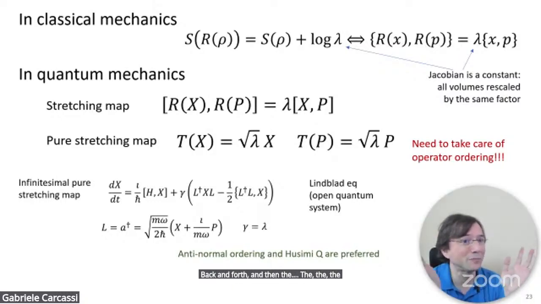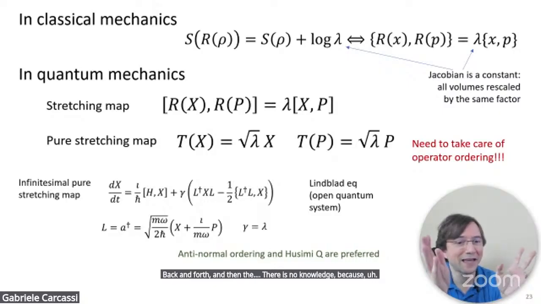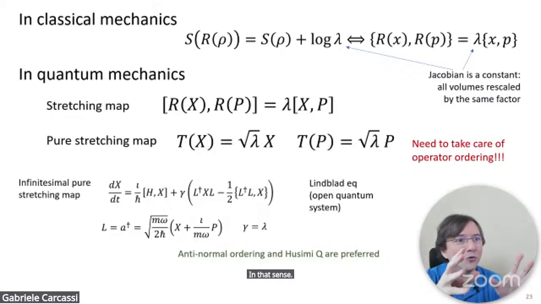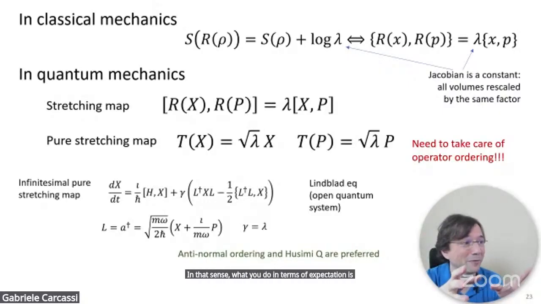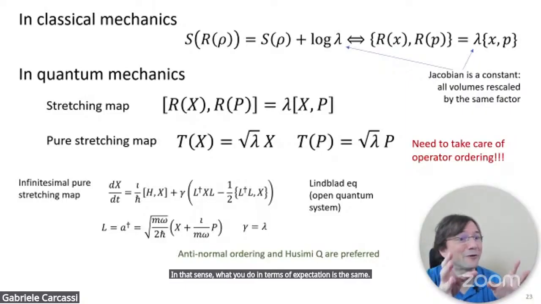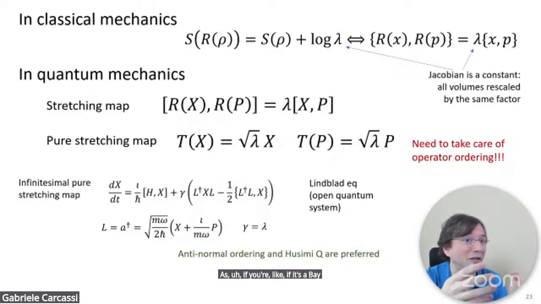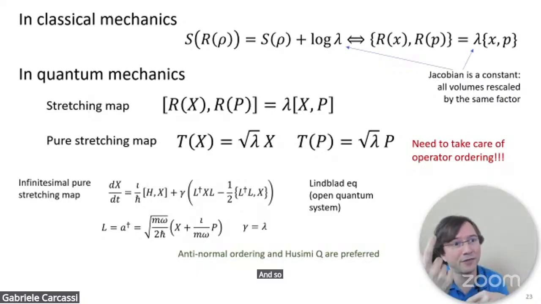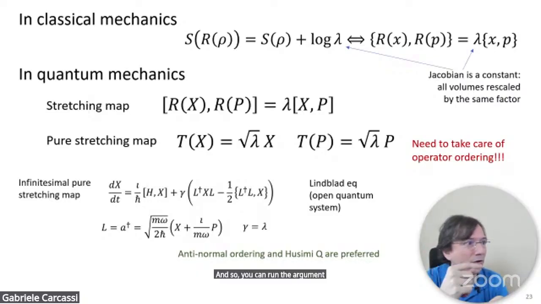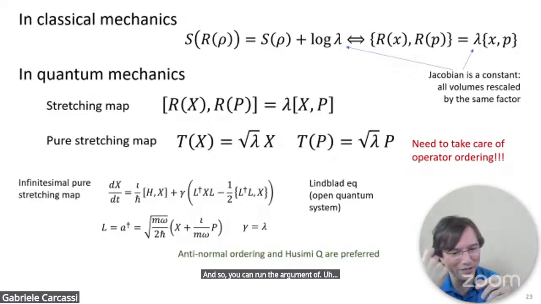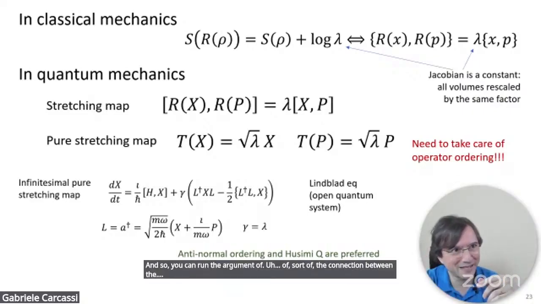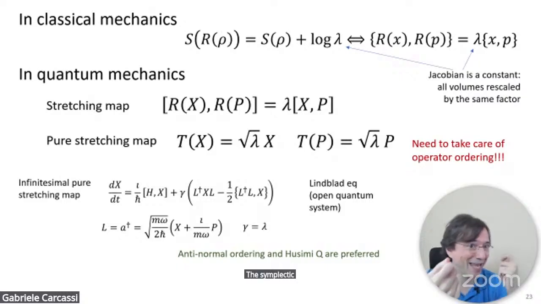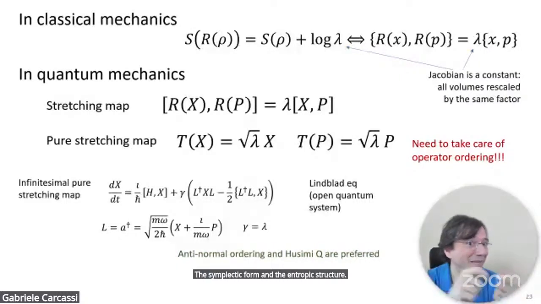And there is no difference, because what you do in terms of expectation is the same whether it's a Bayesian lack of knowledge or external interaction. So you can run the argument of the connection between the symplectic form and the entropic structure with both arguments.